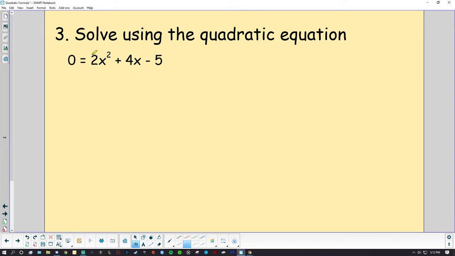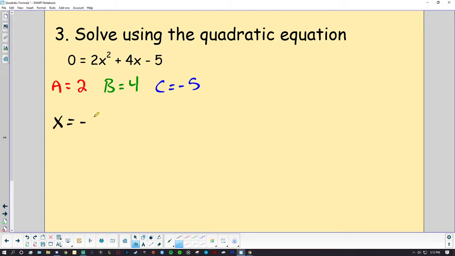Let's see how we're doing. Let's find our a, b, and c. A is 2. B is 4. And c is negative 5. After that, we're ready. Let's plug it into our quadratic formula. Are you learning it? Do you know it by heart now?